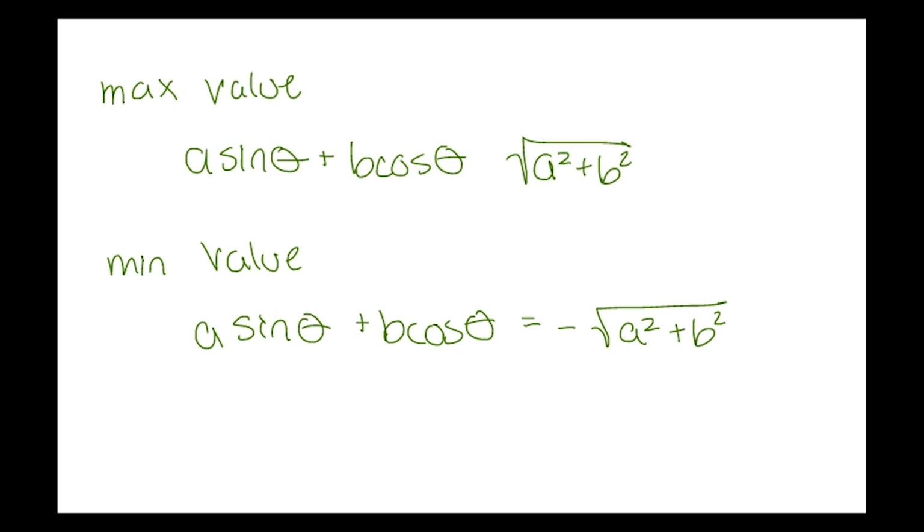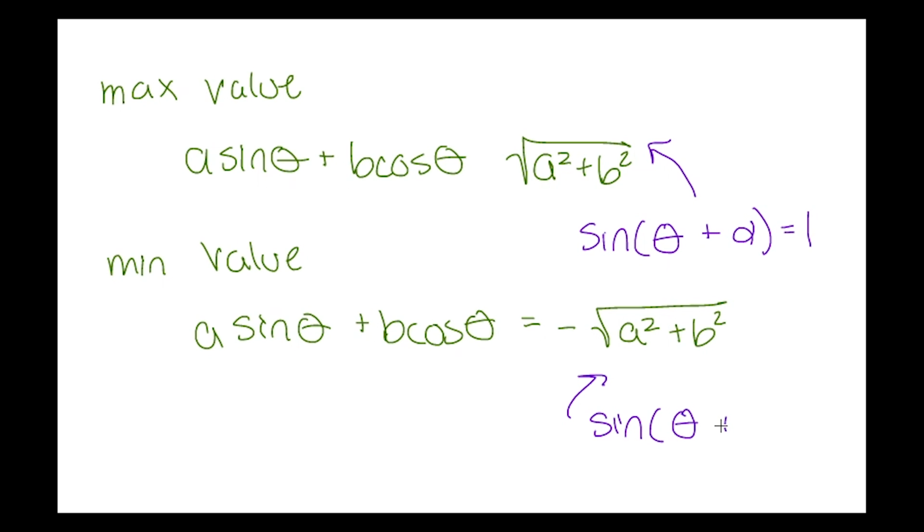The maximum will be true when the sine of theta plus alpha equals 1, and the minimum will be true when the sine of theta plus alpha equals -1. Because for sine and cosine, the only range of values we can work with is between -1 and +1, and everything else is undefined.